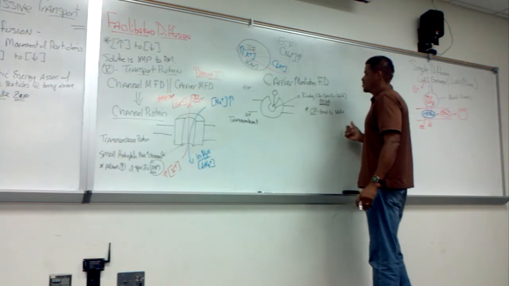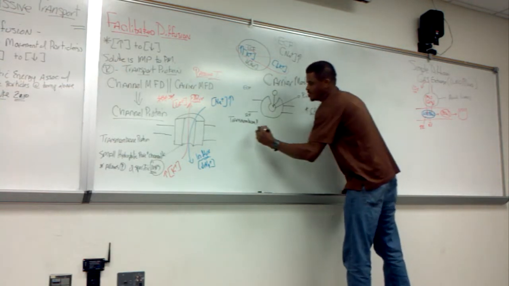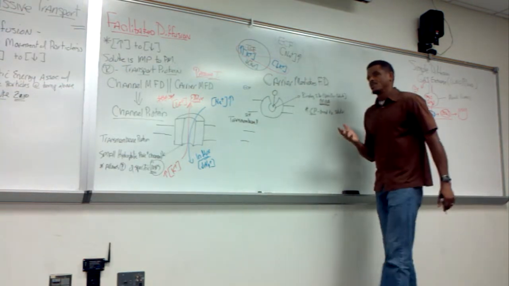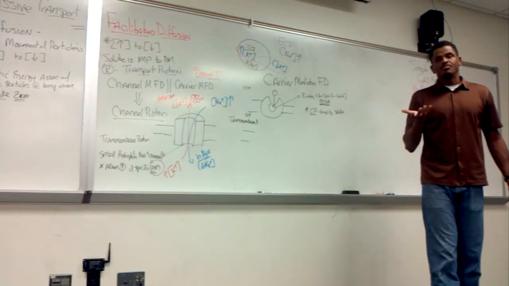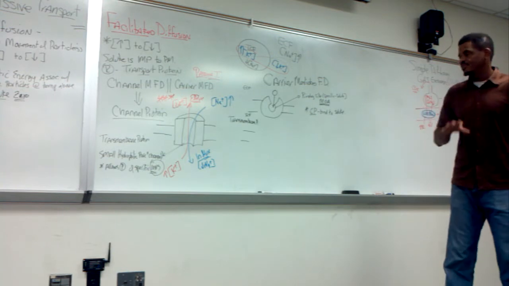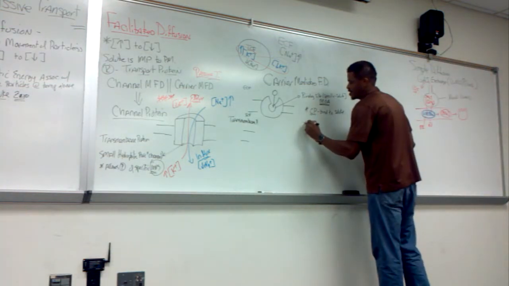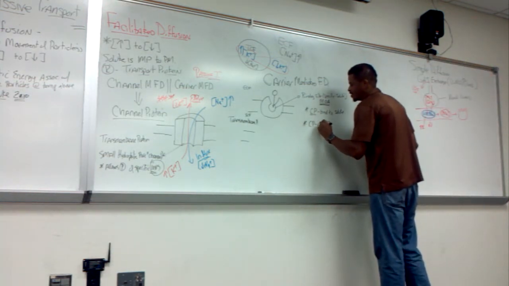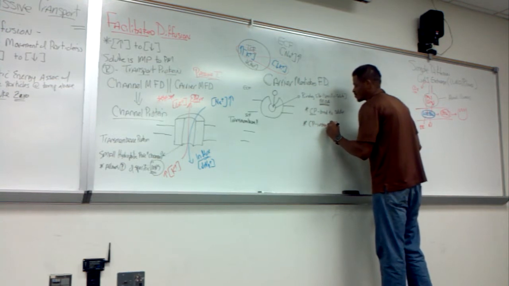When it binds to the solute, what occurs? The binding of the solute to the carrier protein will induce a what? Conformational change. So the carrier protein undergoes a conformational change.